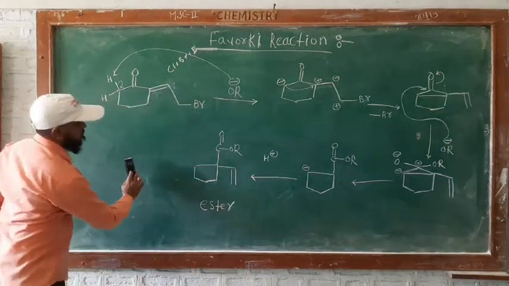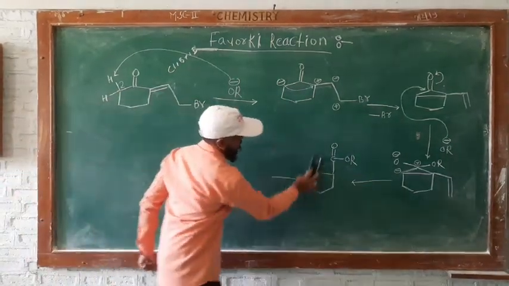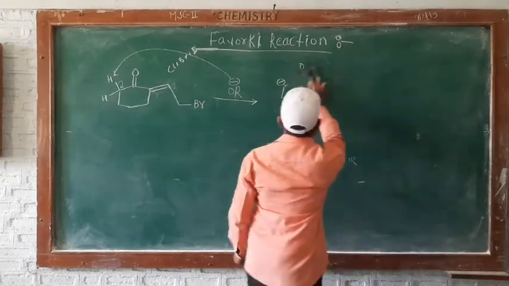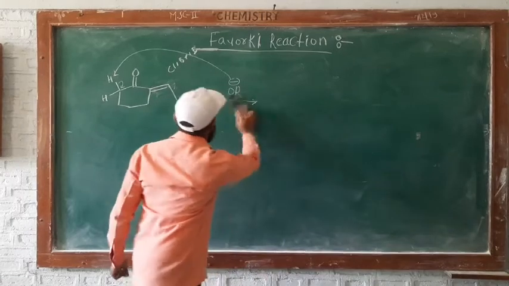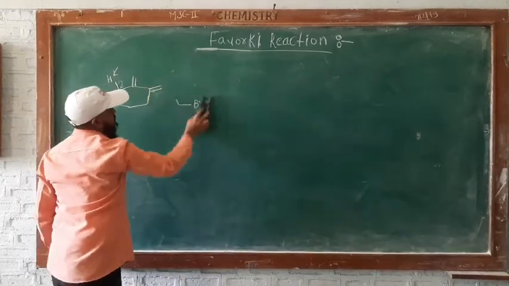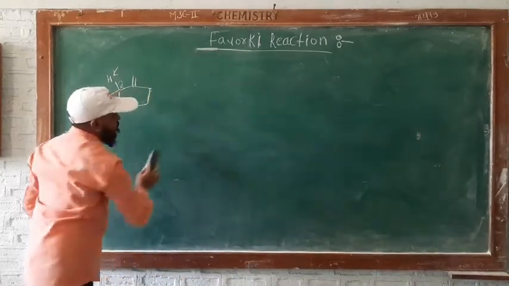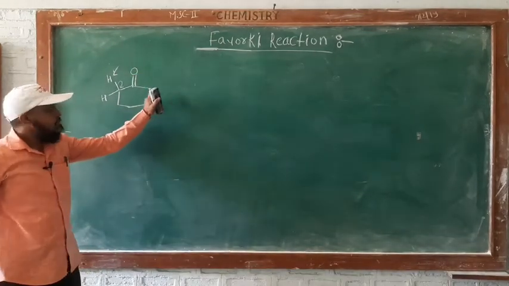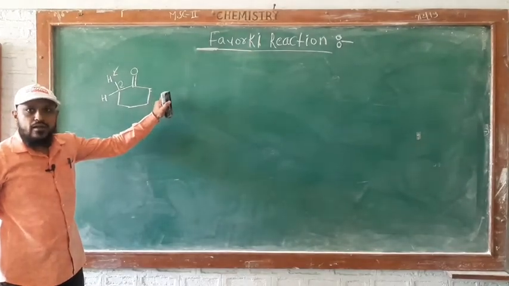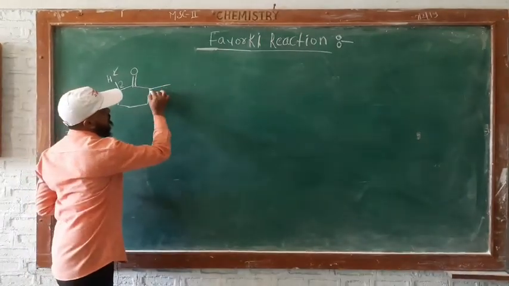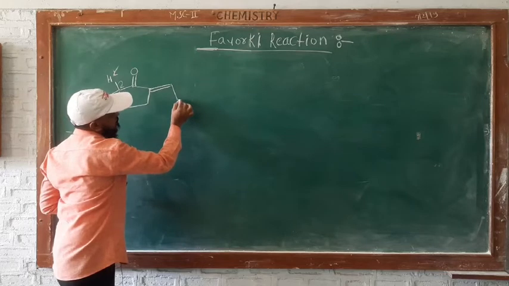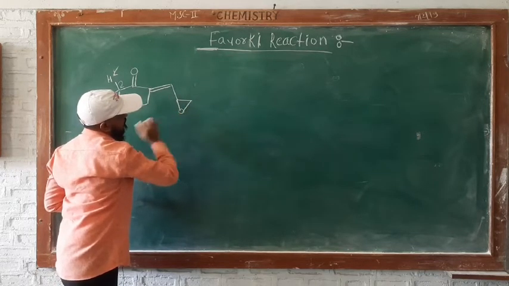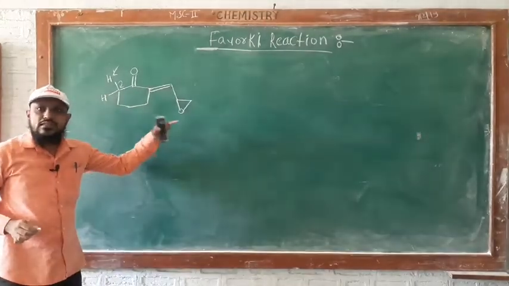Now look here, I am erasing all of this. And in place of the alkyl bromide we can use an alkyl epoxide as a leaving group instead of a halogen group.